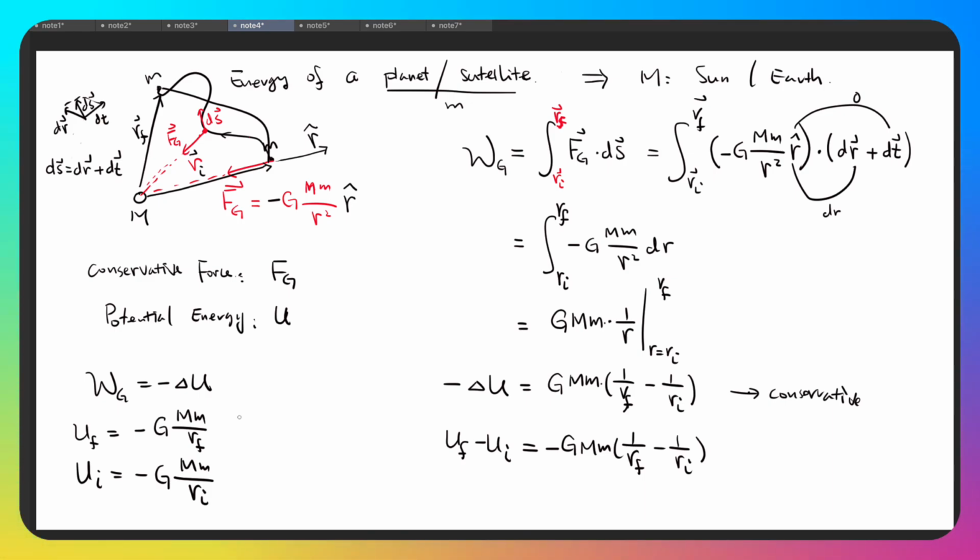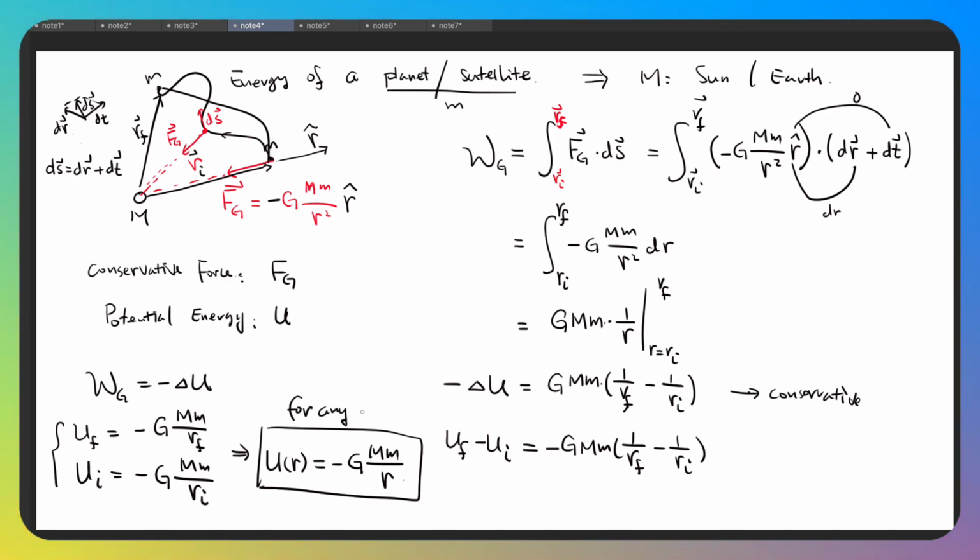These are two arbitrary points, initial and final, with two similar equations. So for any position r, potential energy is a function of r, given by negative G M m over r. That's the potential energy for a planet or a satellite at any distance r away from the sun or from the earth.